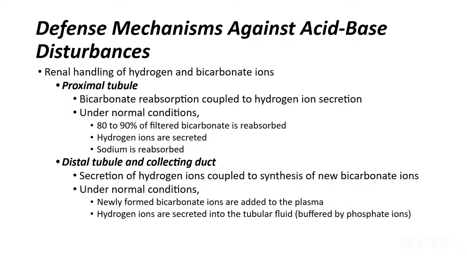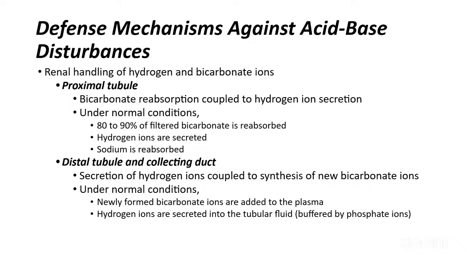In the distal tubule and the collecting duct, we're going to be thinking about the same kind of direction, but slightly different ways of doing this. So we're going to see secretion of hydrogen ions again. Some hydrogen ions are going to be moving into the filtrate towards becoming urine and being excreted.